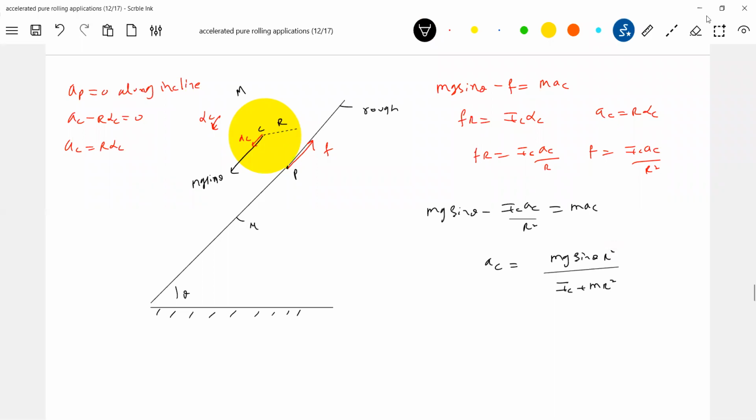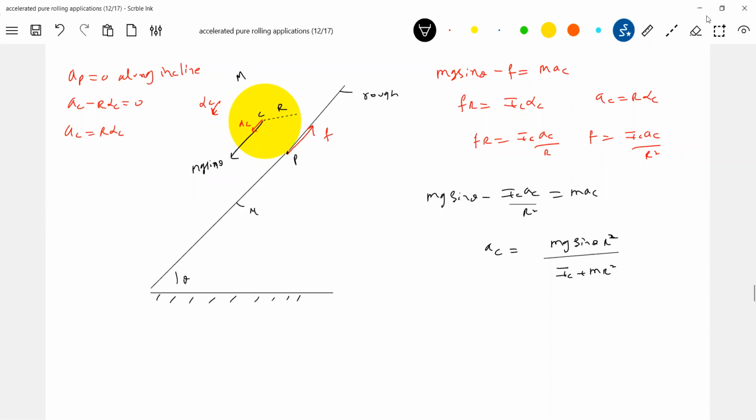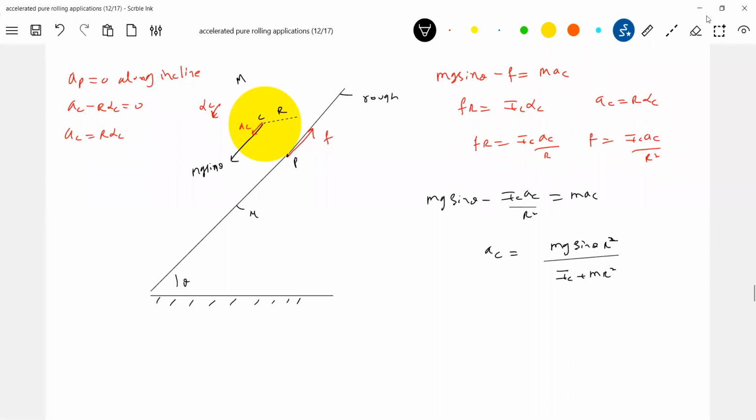Let's focus on the friction. Let's get into the friction here. Let me substitute directly the value of AC here. There's nothing else to do in this equation. If I substitute this here, what is the expression for F?